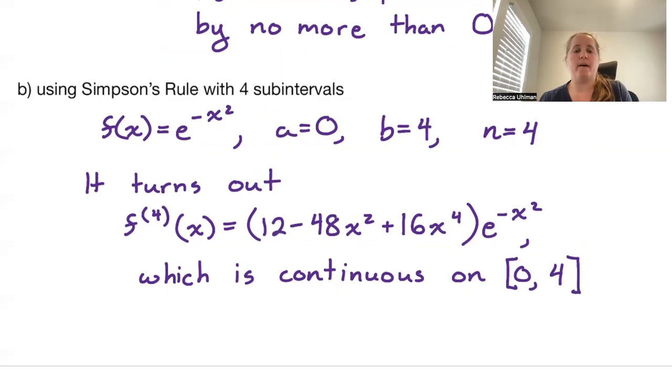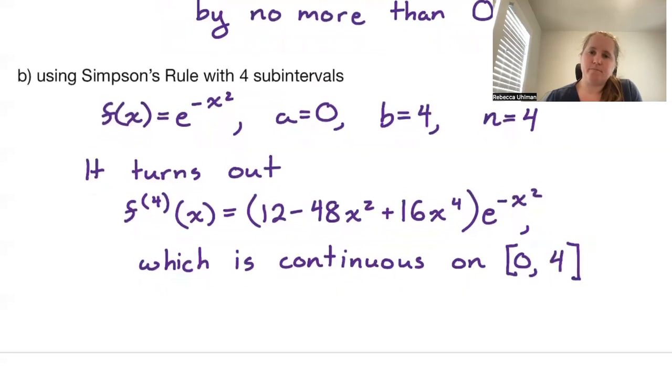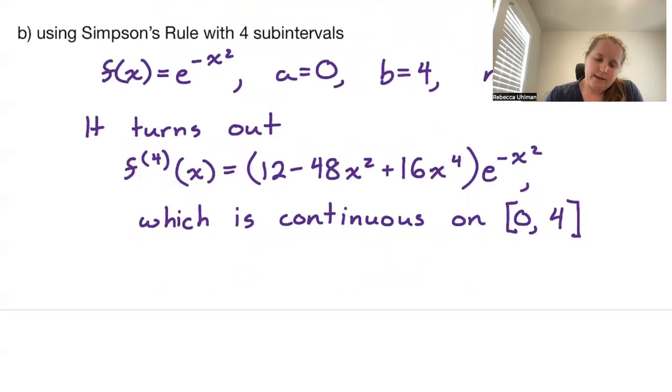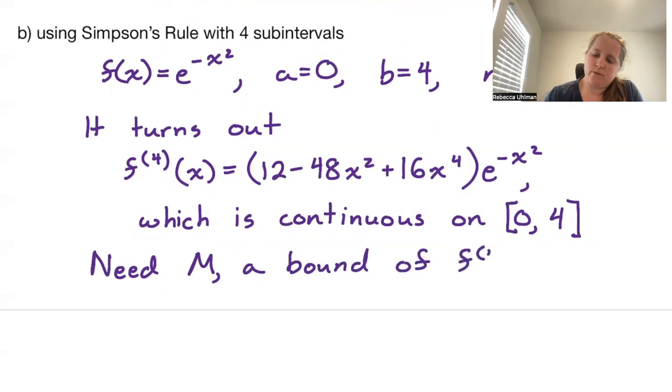So we can go ahead and apply our formula. So what we need is we need M, a bound of the fourth derivative of f on 0, 4.